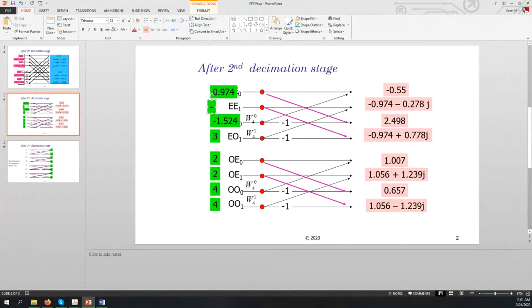So this one here will work out to negative 0.974. EO1 here will work out to 0.278. OE naught will be 0.832. OE1 will be 1.056.